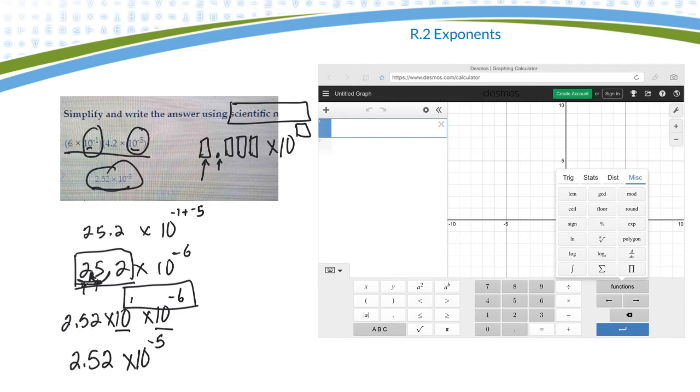Now let's try it in decimals and just see what it does. I'm not sure because I don't have that times 10 to the power of button, but maybe I can get that in there. Okay, let's try it.